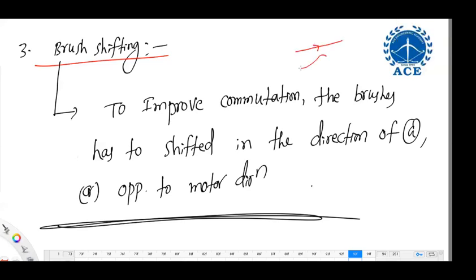Whatever resultant flux is there, that is the distortion of the main flux.